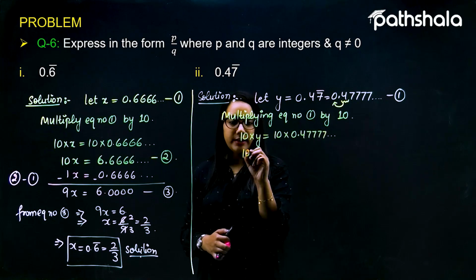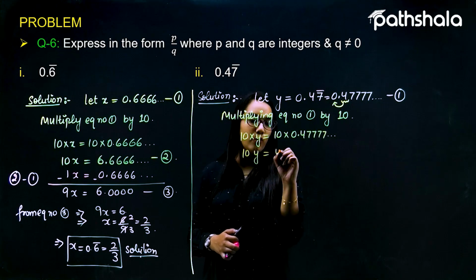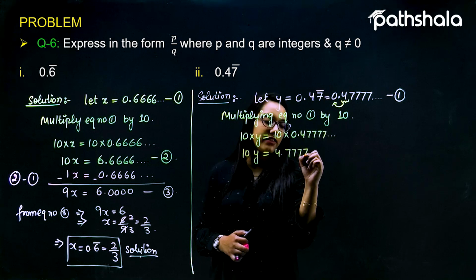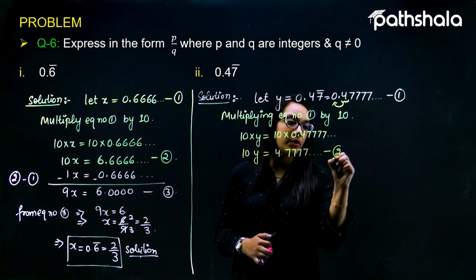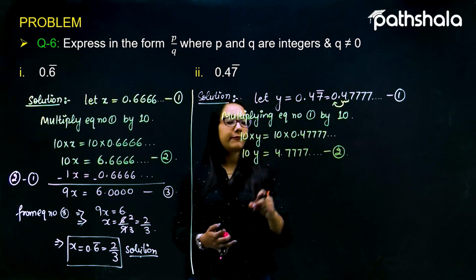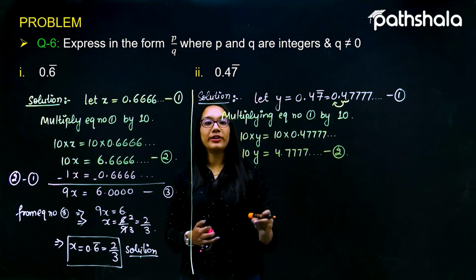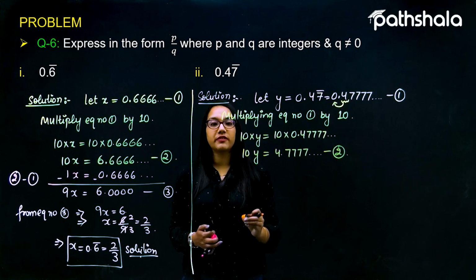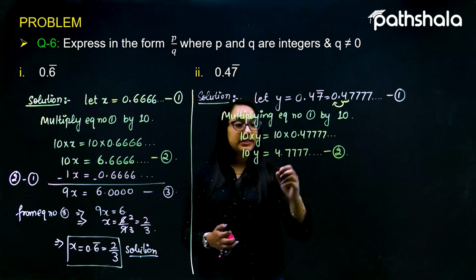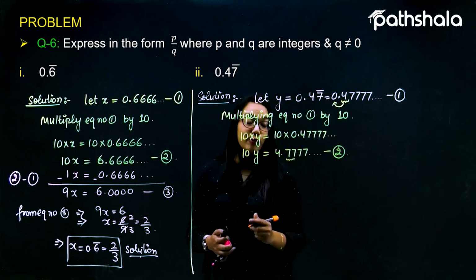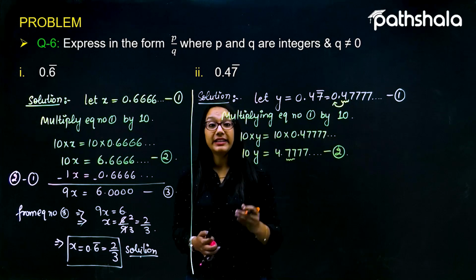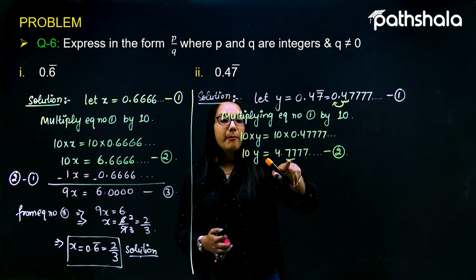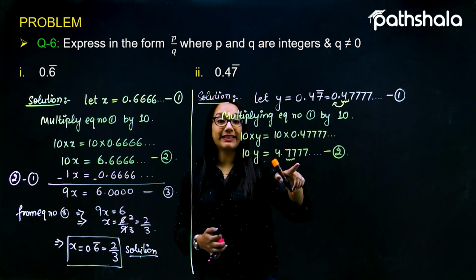So 10y is equal to 4.7777 and so on. Let us call this equation number 2. After the decimal point, the only digit repeating itself is 7, so we have to further multiply this equation by 10.